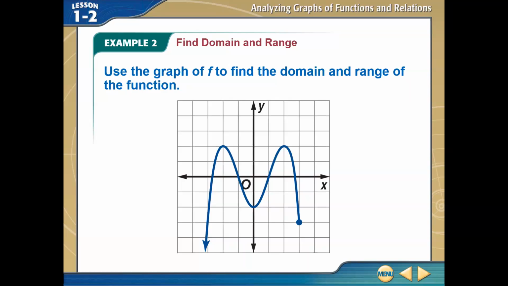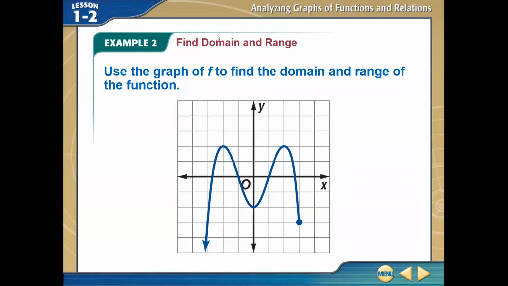Okay, so the next thing that they're going to ask you to do on the homework, and could ask you to do on the SAT, it always helps to understand this. It says use the graph of f to find the domain and range of the function. Once again, our domain is all of our x values.